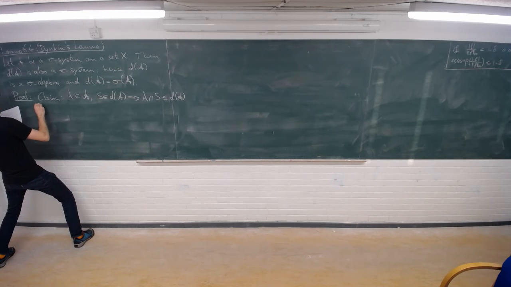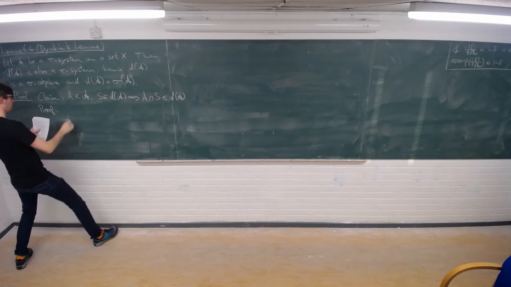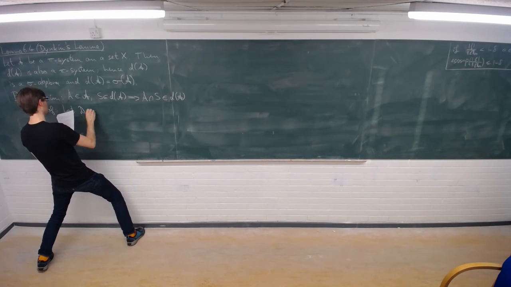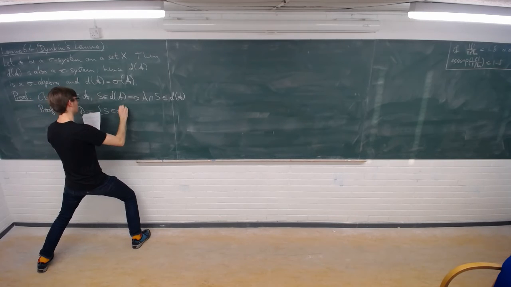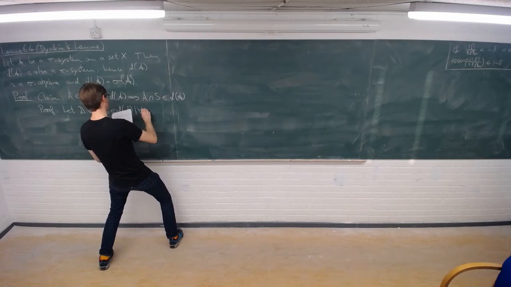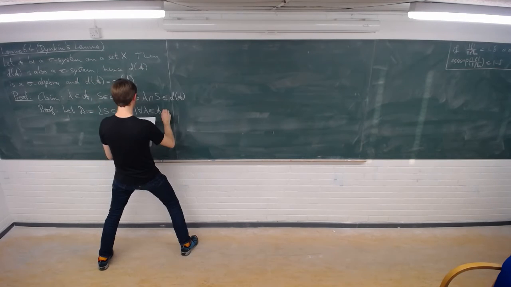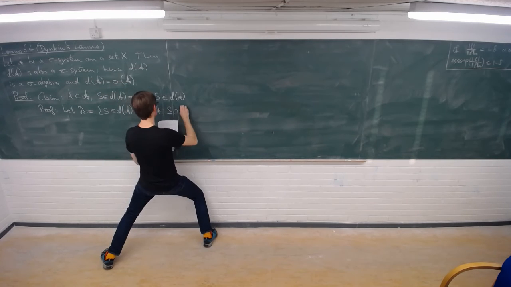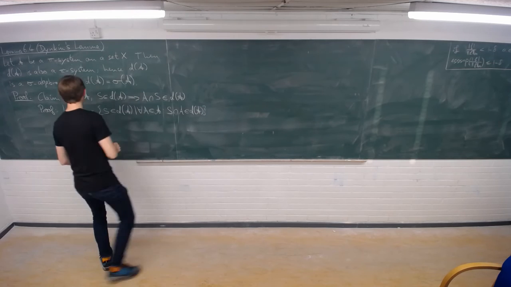And the proof of this claim goes as follows. We define a set D to be all S in D(𝒜), such that for every A in 𝒜, one has the intersection of S with A is in D(𝒜).